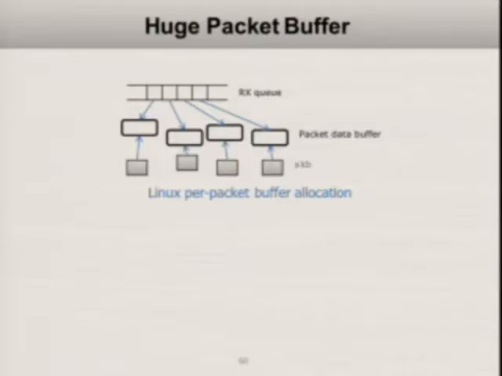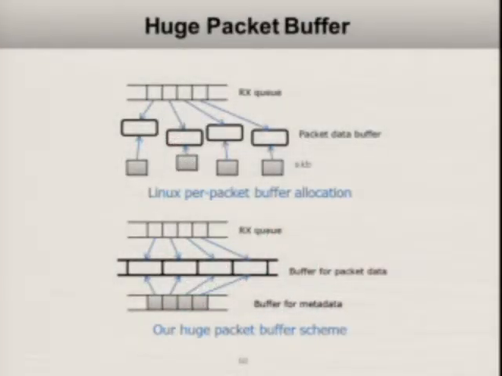The first optimization is the huge packet buffer. In Linux, when you receive a packet, it allocates a buffer for each packet payload and metadata separately. This overhead increases when packet size gets smaller, because to fill the same bandwidth, you have to have more packets. Instead of allocating a buffer for each packet, we allocate one huge buffer for a chunk of packets.